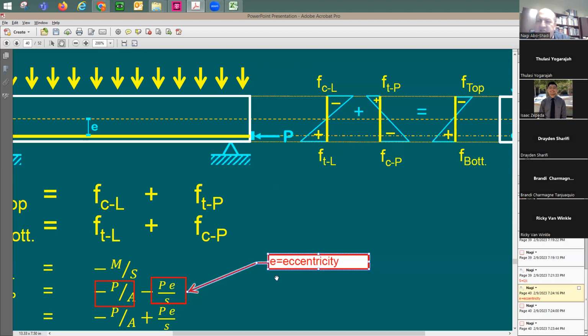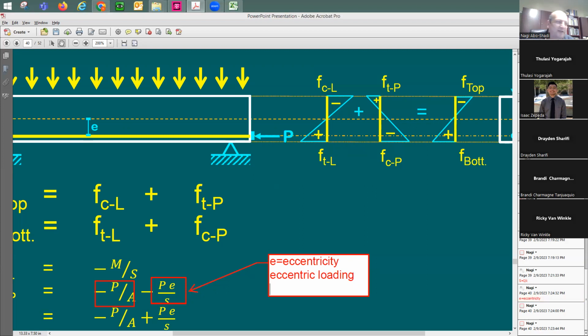What's the opposite of eccentric? For example, you can call this eccentric loading. What's the opposite of this? Concentric. Thank you. This is correct. So I'm going to say here concentric.